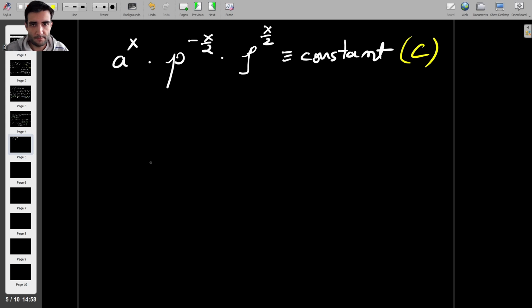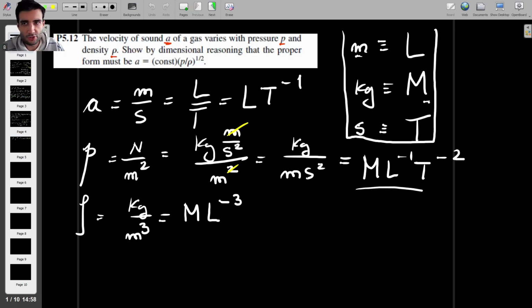What I'll then do is write this in terms of a specific value of x, because we're close to the final answer, and at this point you should just give x a value that makes sense. What they're asking is to show that a is equal to a constant times that.